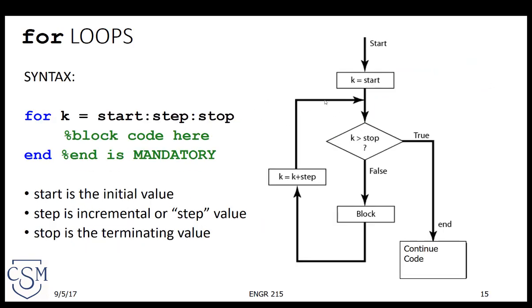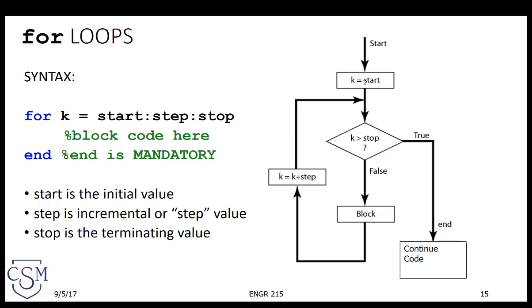Here's a block diagram that represents how for loops work in MATLAB, and it might look confusing. There are all these arrows, but once you get used to reading these block diagrams, they're actually quite useful and easy to understand. The traditional way that a for loop runs is when you're above this code and it sees the word for, it will start with whatever start value you've given it and assign that to k, which in this case is our index.